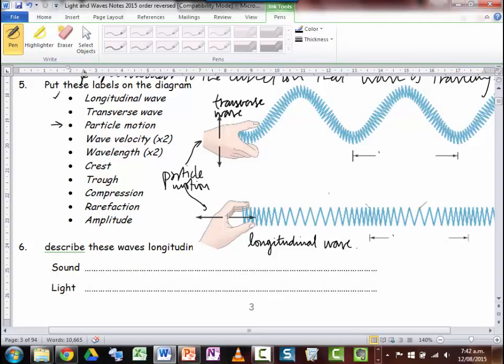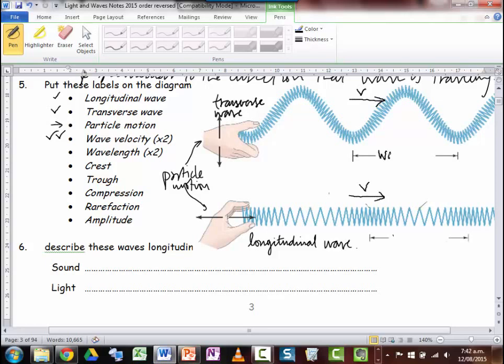So now we've done those two. The wave velocity, we can just draw that in as an arrow representing the direction that the wave is traveling. So we can say wave velocity is that way. And in this case, we can also say the wave velocity is that way. So we've done those. The wavelength of a transverse wave is the distance between two consecutive crests or two consecutive troughs.